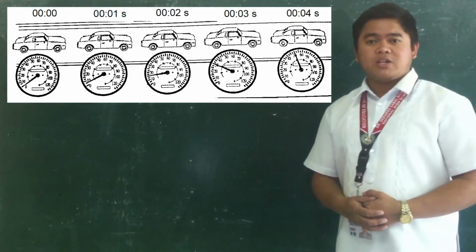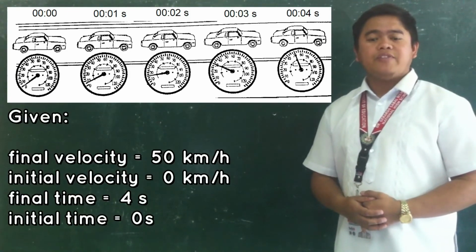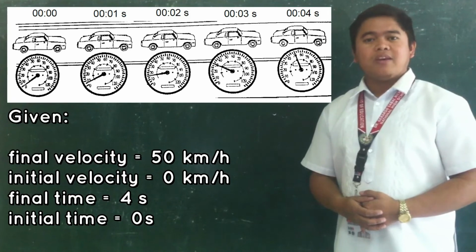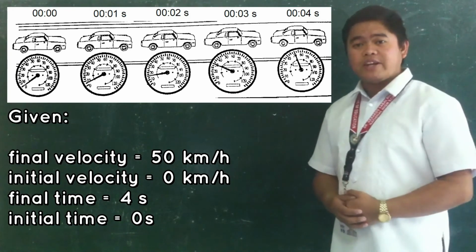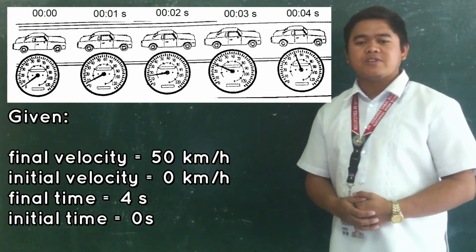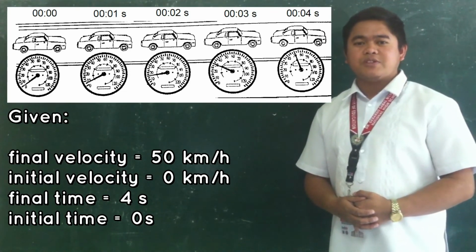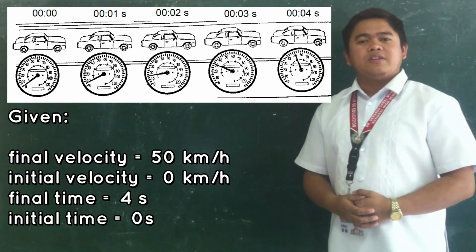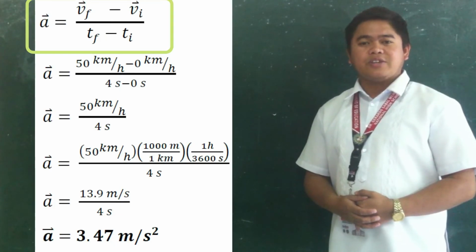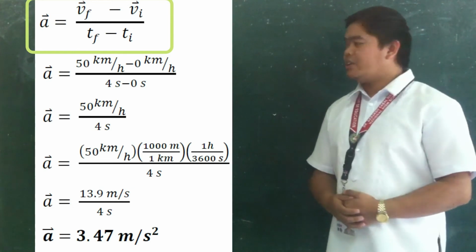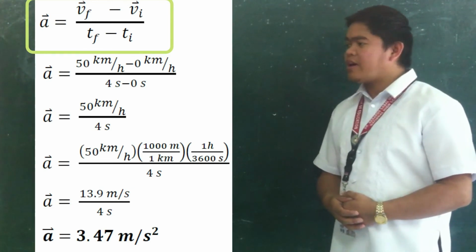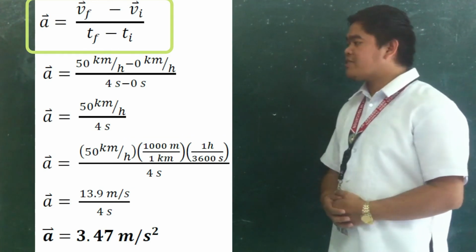The given are final velocity 50 km per hour, initial velocity 0 km per hour, final time 4 seconds, initial time 0 seconds. Using the formula: acceleration is equal to final velocity minus initial velocity divided by final time minus initial time.